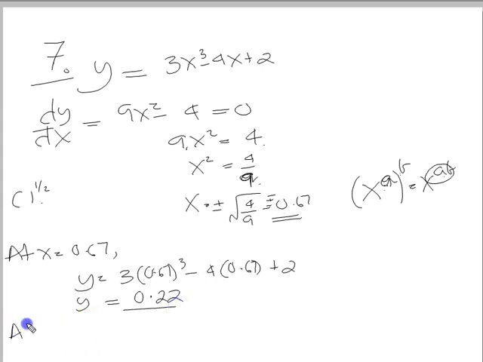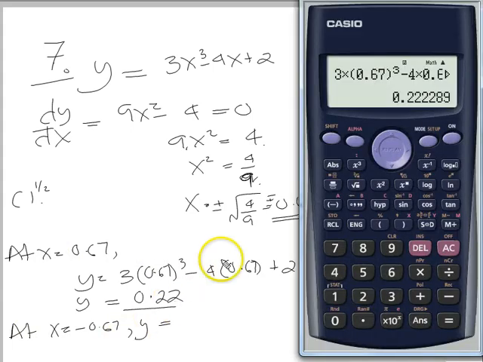And then the other one, at x equals minus 0.67. So what's nice here is we can just toggle the calculator, can't we? y equals, and let's just go back to our calculator then. And if we just toggle back through the positions, and we've put a minus there, because it's minus 0.67, isn't it?